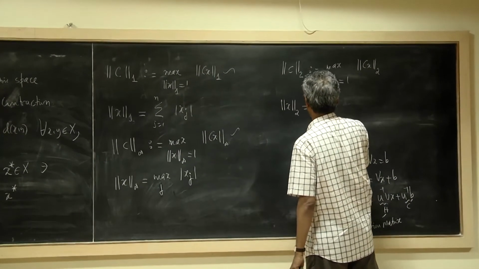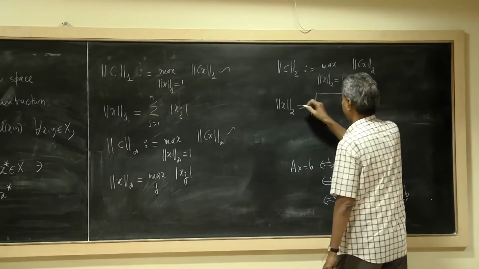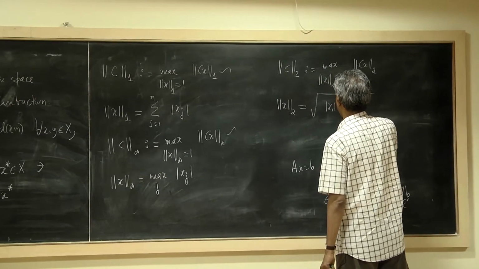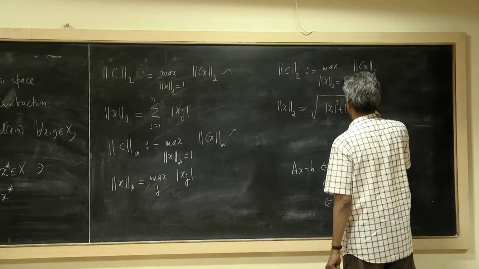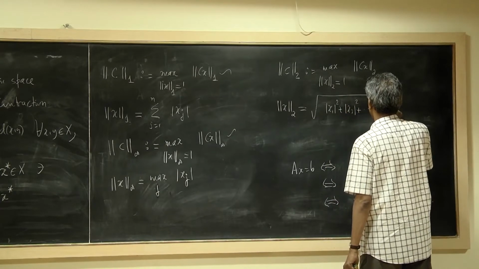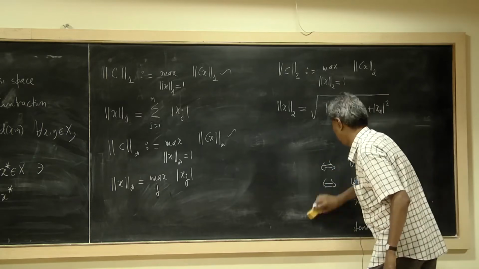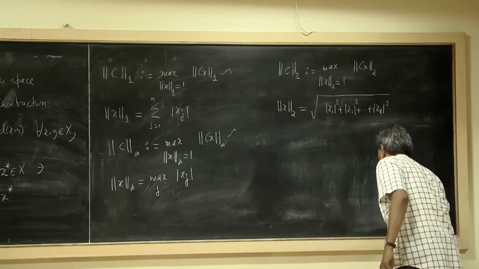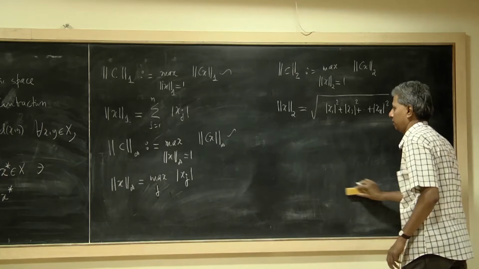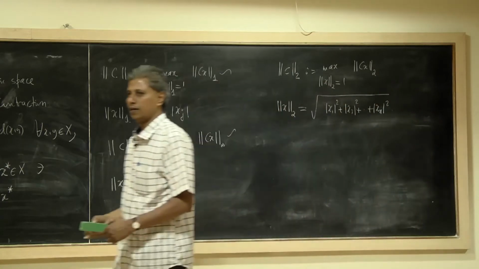The 2 norm is the square root of the sum of mod x1 squared plus mod x2 squared and so on.